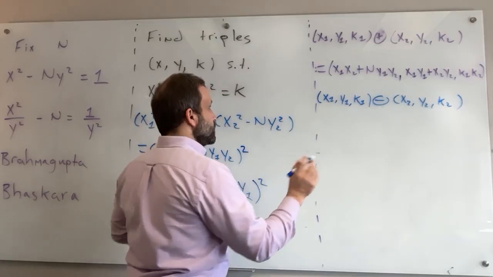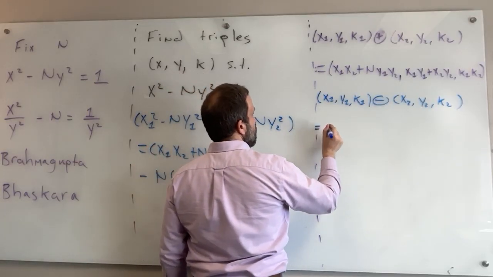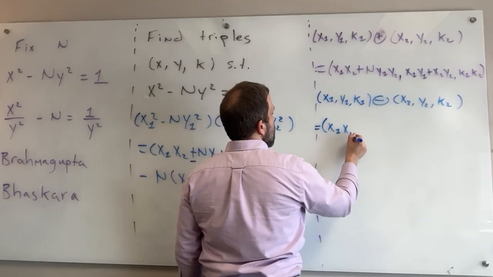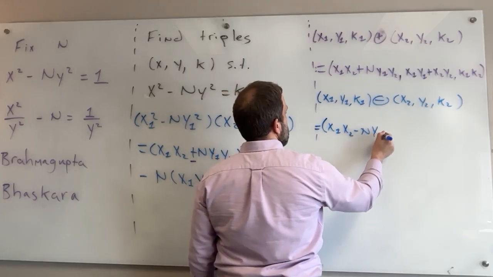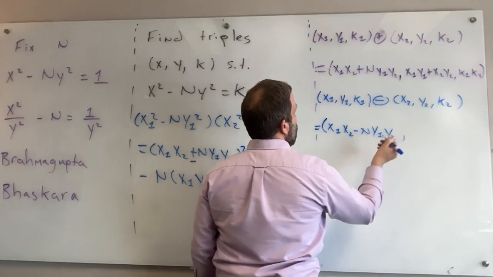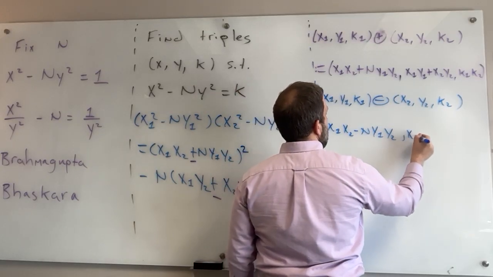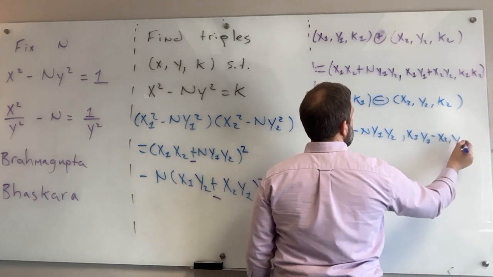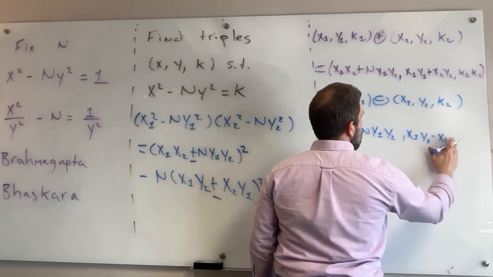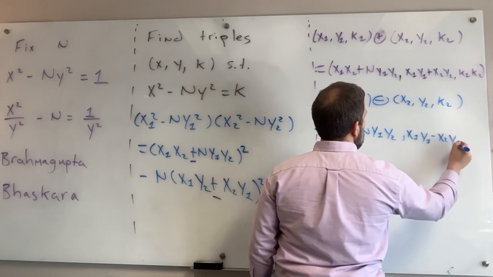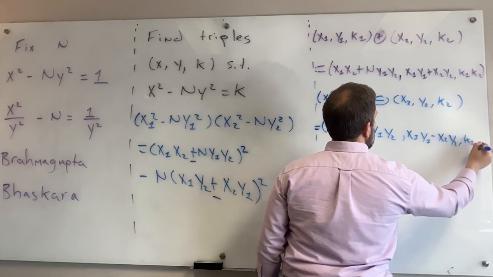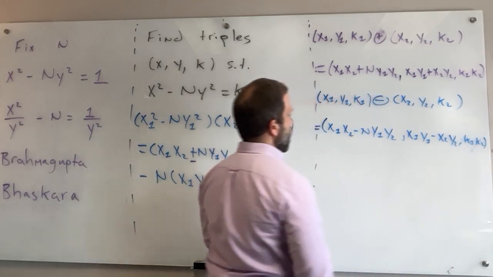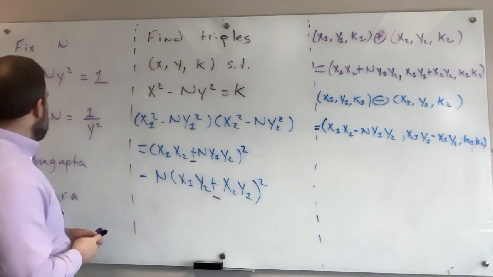So this is non-standard notation, just to warn you. It's x1, x2 minus n y1, y2, and then x1, y2 minus x2, y1, and still times k1 times k2.